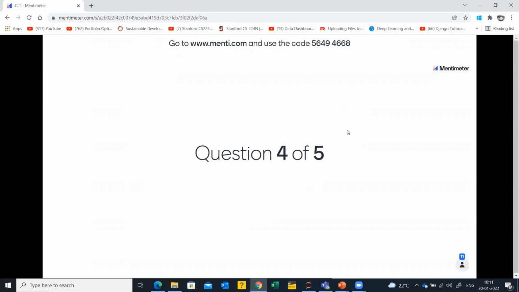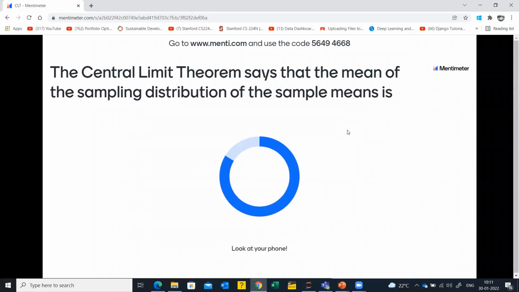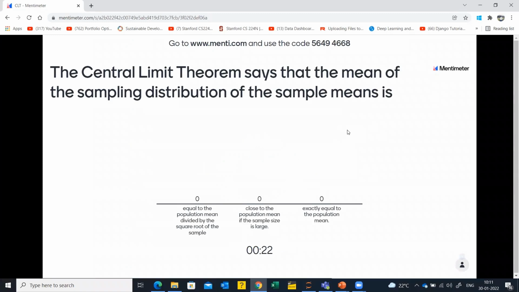Okay, over to the fourth one. Be very attentive, very easy question. The central limit theorem says that the mean of the sampling distribution of the sample means is. So the sample mean is equal to what of the population mean?